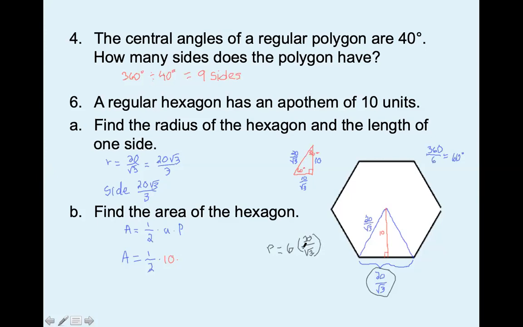All right, so I'll fill that in over here. If I multiply, and this is over 1, right? If I do that, I have 6 times 20 is 120 divided by the square root of 3. All right, so then I can do some simplifying here. I'm going to go back to my blue pen.